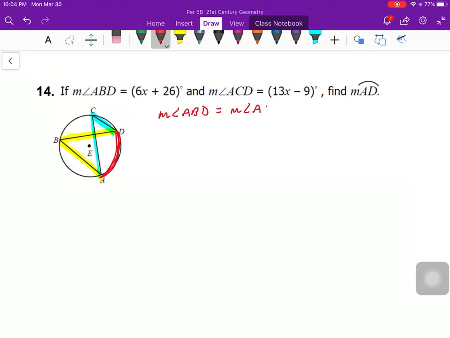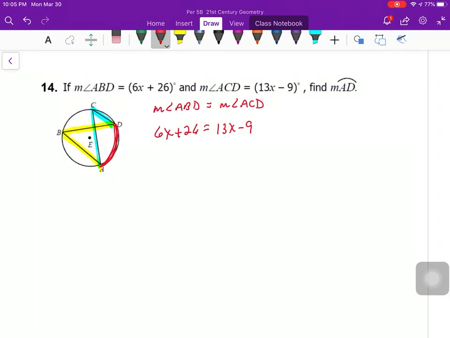So that means that the two angles have to be equal to each other. ABD has to equal the measure of angle ACD. So we just set those two equal to each other. And that's because two inscribed angles with the same intercepted arc will be equal or congruent.